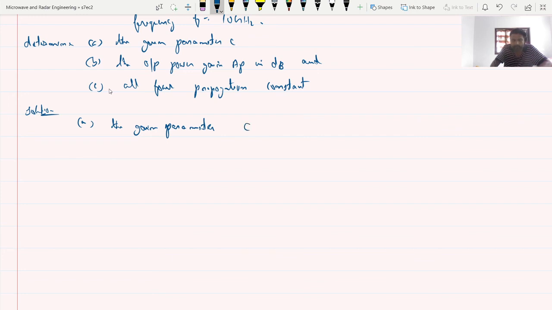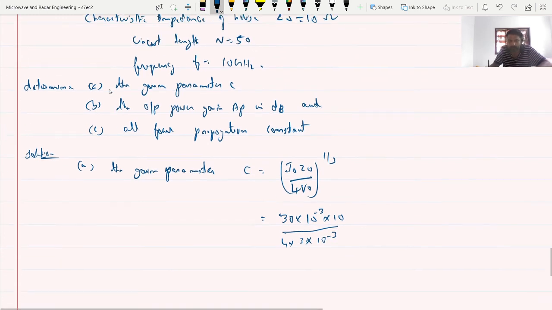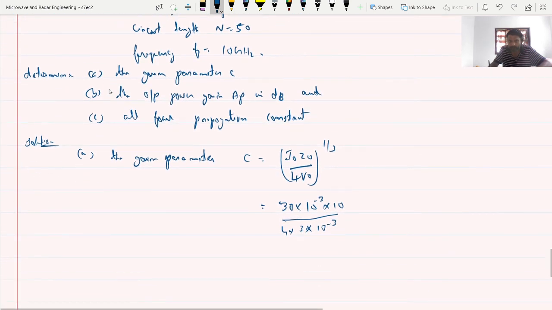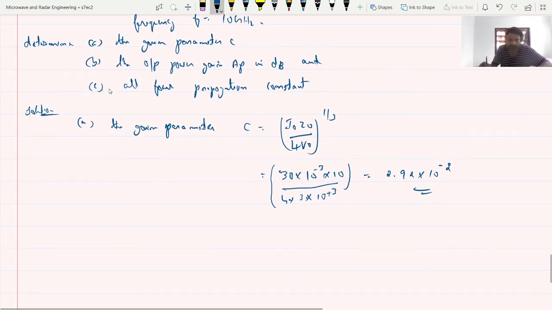You know the equation: C is nothing but (I naught Z naught by 4 V naught) raised to 1 by 3, which is nothing but (30 into 10 raised to minus 3 into 10) divided by (4 into 3 into 10 cube). What is V naught? It is 3 kilovolt. So that is nearly 2.92 into 10 raised to minus 2, the gain parameter.